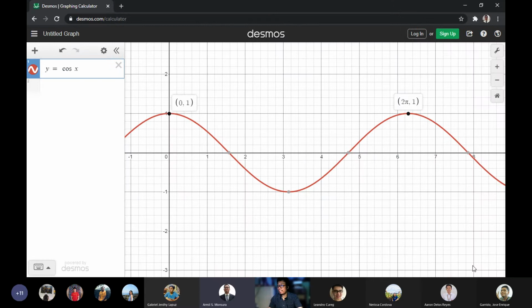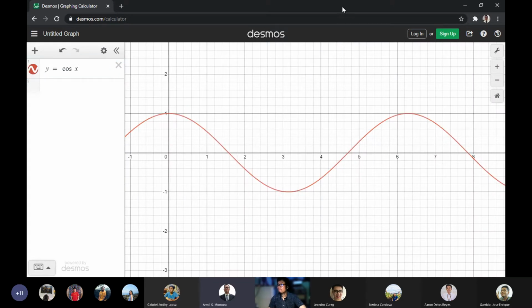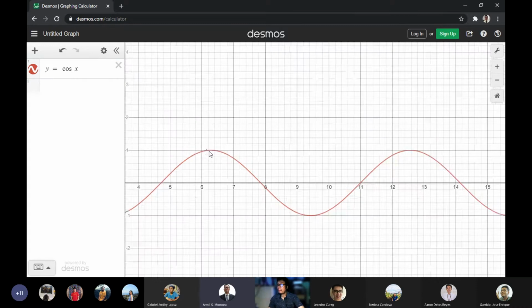when I extend the graph, ito yung 2 pi, no? When I actually do that again and increase the value of x, at some point, yung value ng 1 na yun, uulit-ulit. That value of 1 again tends to repeat.